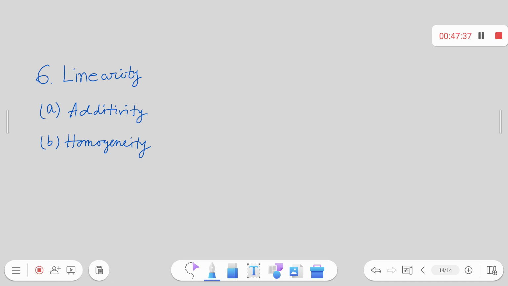Can you get the point? So you have this bigger property, linearity, and under this umbrella you have additivity and homogeneity. If the system is both additive as well as homogeneous, then we call the system a linear system.